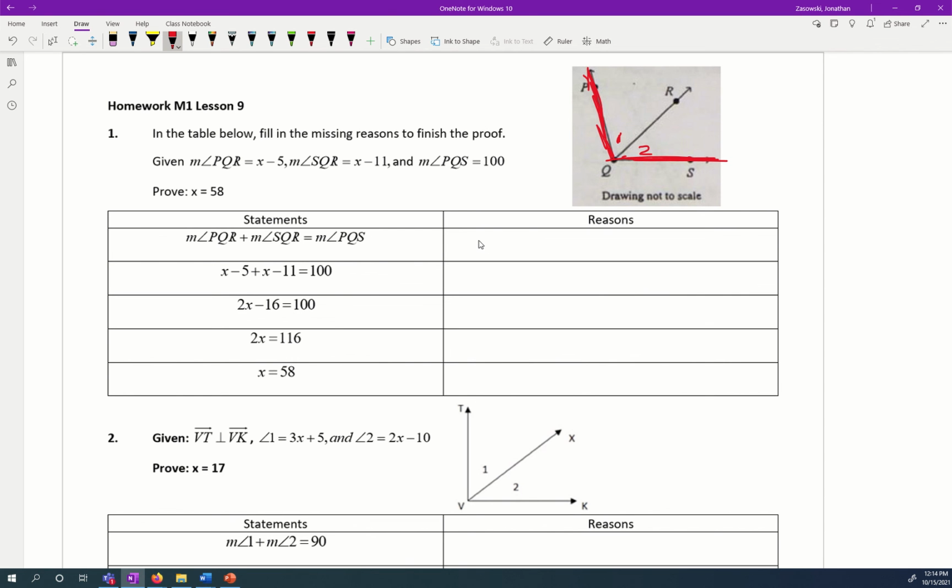So we're going to write down definition of angle addition. The one in your notes is segment addition, right? If you add two smaller segments together, you would get a bigger segment back, okay? You're just adding the angles. Sometimes you might see angle addition property, but definition is also fine. Cool? And then you should know what we're going to put down for number 2.